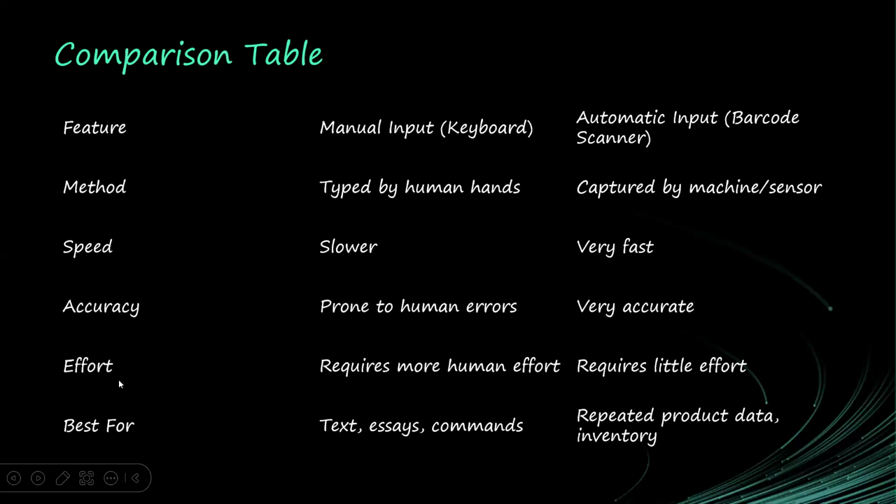When it comes to effort, it requires more effort to use manual input, but less effort to use automatic input. Manual input devices are best for tests, essays, and commands, while automatic input devices are best for repeated product data and inventory.